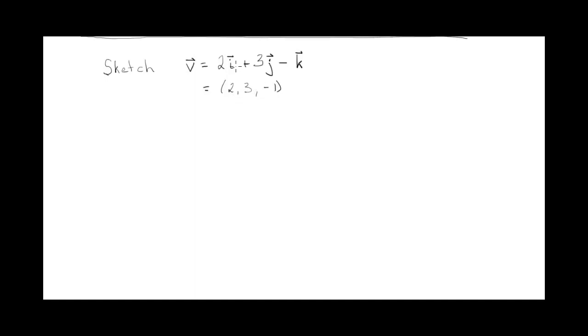The coordinates are just the coefficients of i, j, and k, which is the same as what happened in R2. What we need to do first is plot this as a point and then make it a vector. We already saw how to plot a point in R3. Now we're just going to add the element of making it a vector.